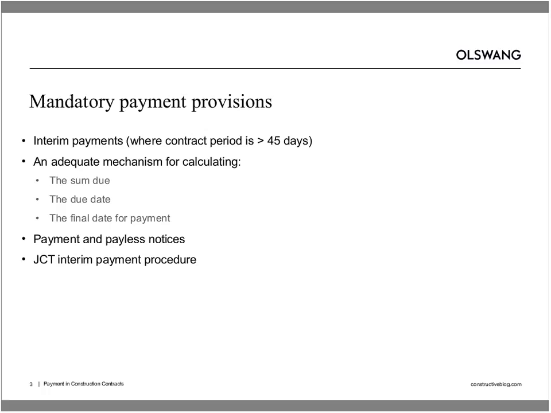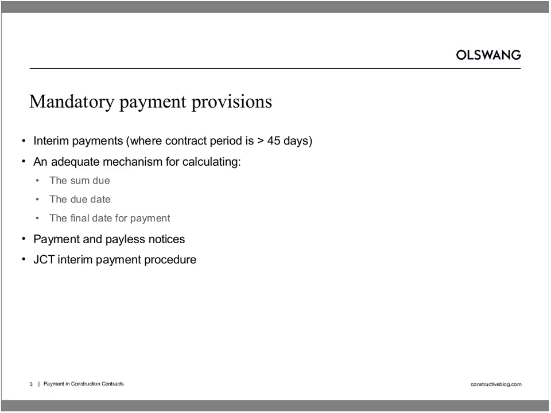There must also be an adequate mechanism for calculating the sum due, the due date, and the final date for payment. And again, the Construction Act doesn't say very much about what these individual aspects mean and what an adequate mechanism looks like.